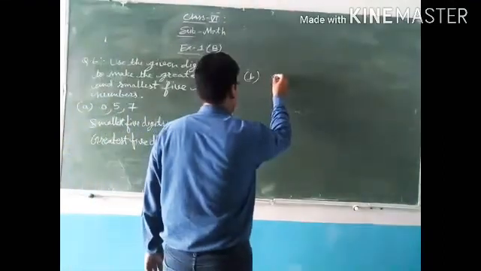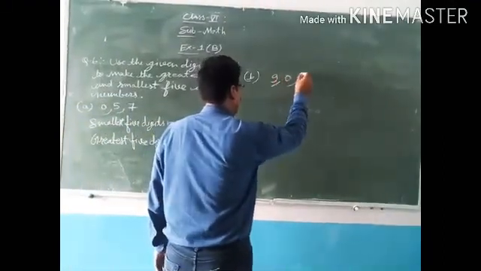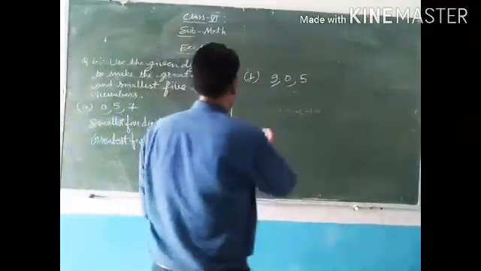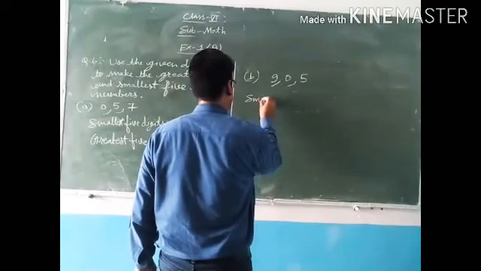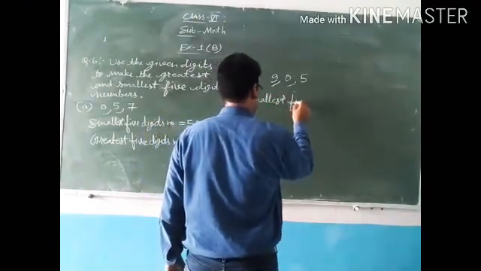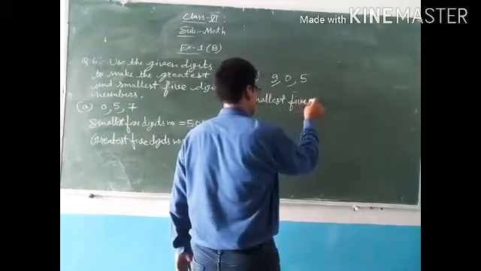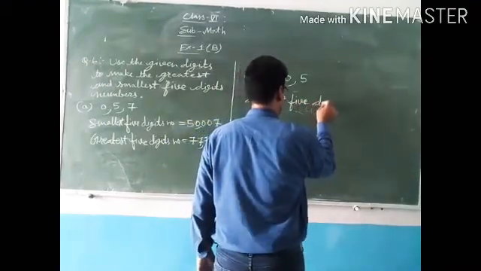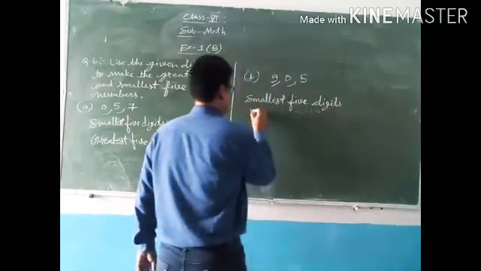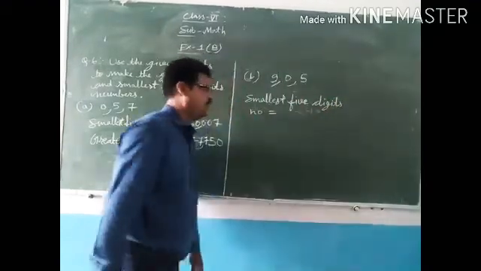905. 9, 0 and 5. So first we have to make smallest 5-digit number. So which is the 5-digit numbers?